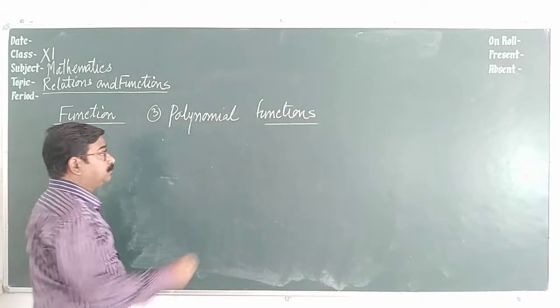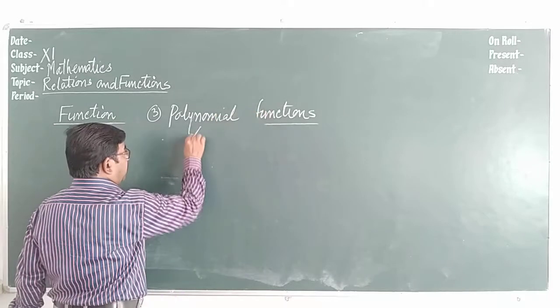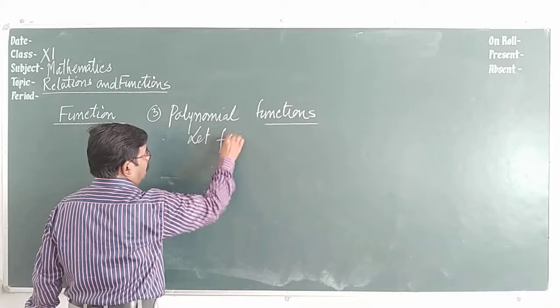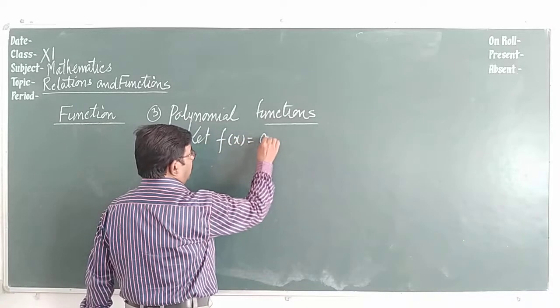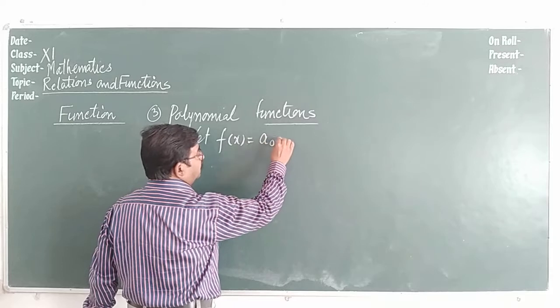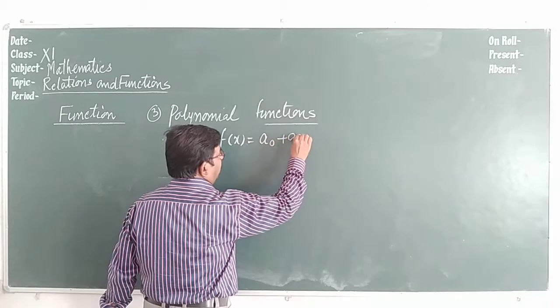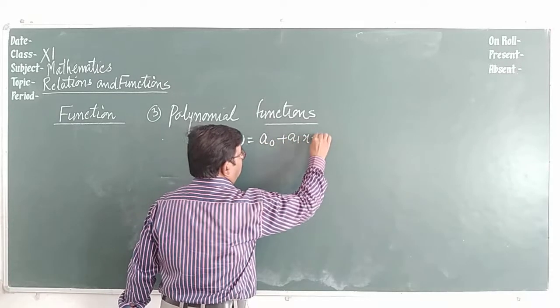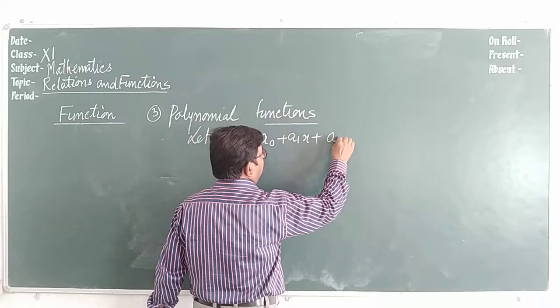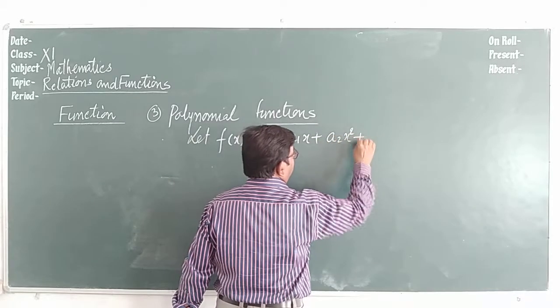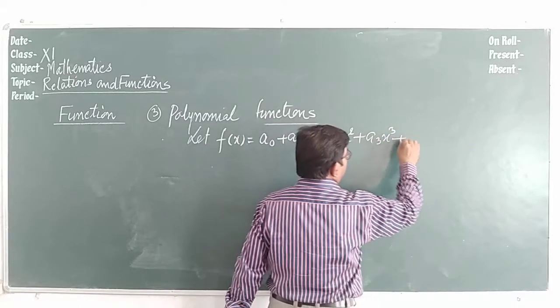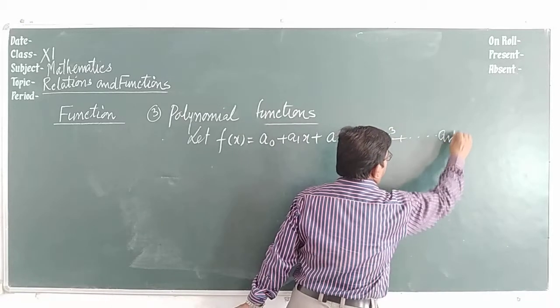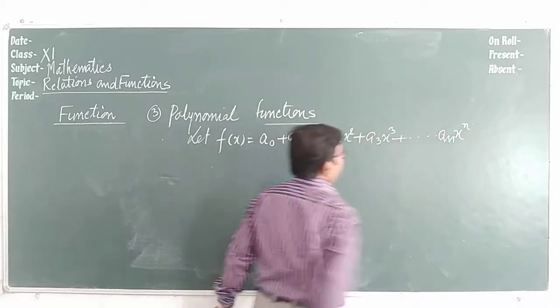Polynomial functions. Let f(x) be a0 plus a1x plus a2x square plus a3x cube plus and so on, up to anx to the power n.